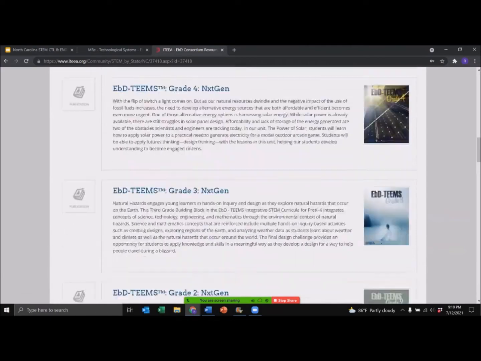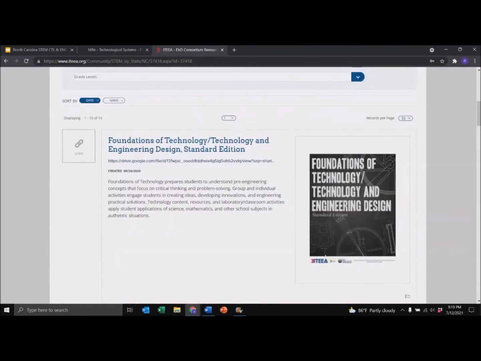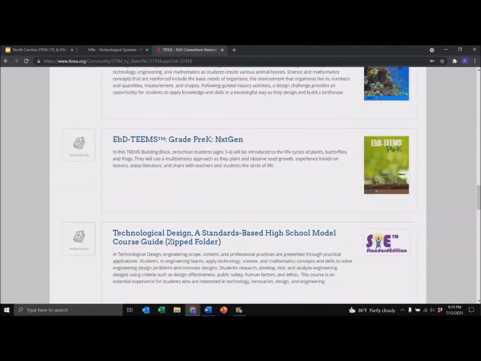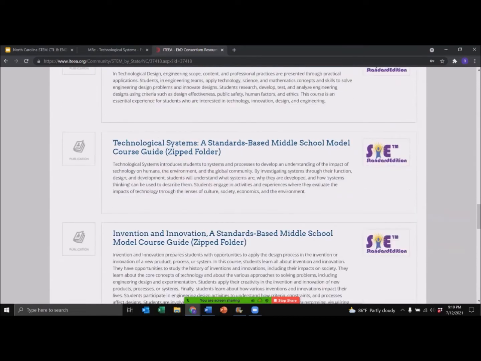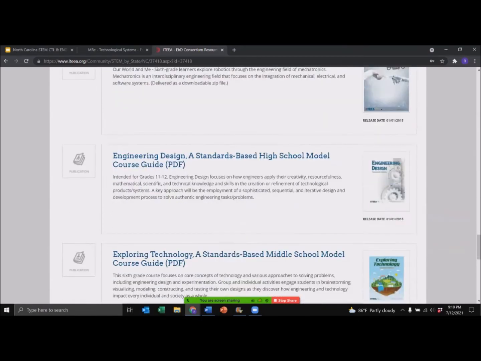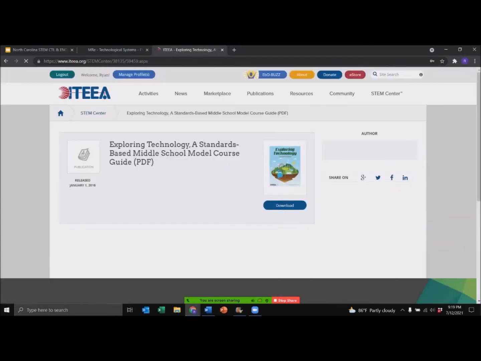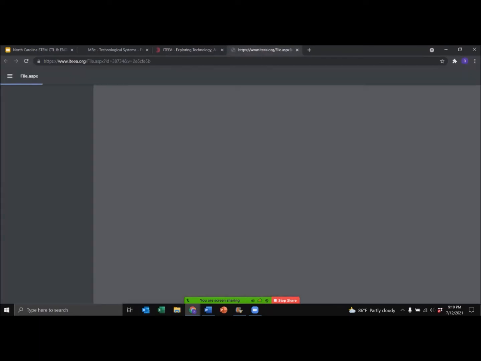So if you were to go through and, for instance, click on one of the standard editions, scroll down a little bit, and let's just choose Exploring Technology, and then you download it. The look and feel of this PDF is navigation through it via a PDF. It takes a little bit to load up.